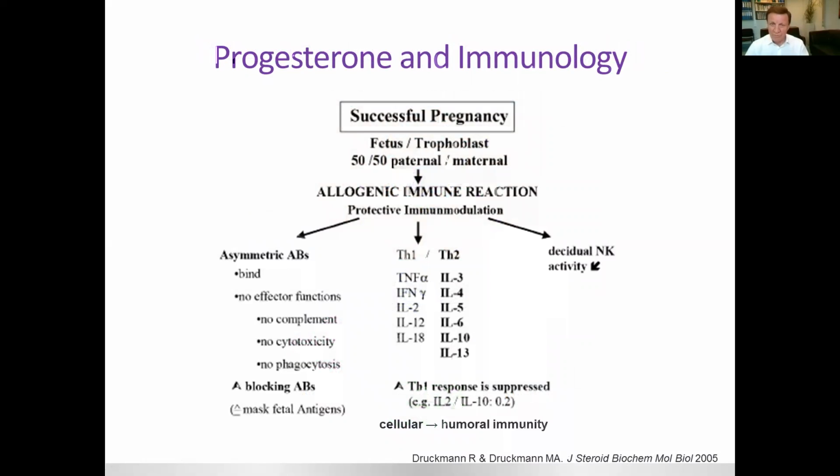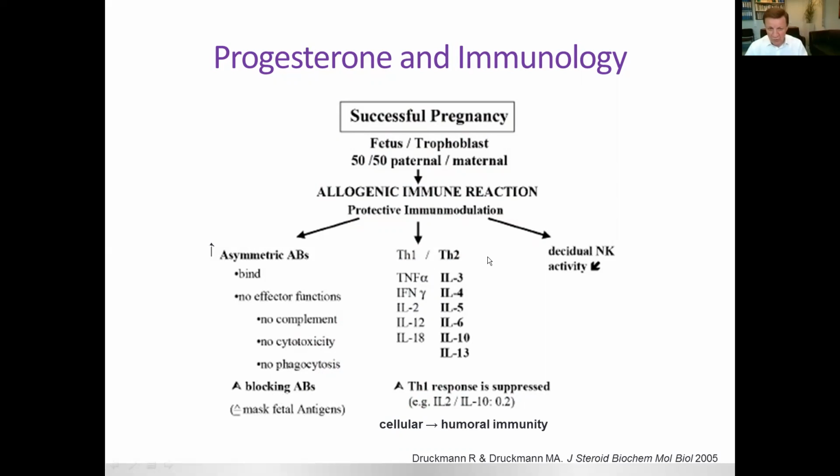Progesterone modulates the immune system of the mother because for successful pregnancy, it's important to do so, because we actually have a semi-allogeneic material. The fetus is partly maternal, partly paternal, and protective immune modulation is important. For instance, progesterone induces a lot more asymmetric antibodies that are non-cytotoxic and do not play any role in phagocytosis. Also, blocking antibodies are increased that mask fetal antigens.